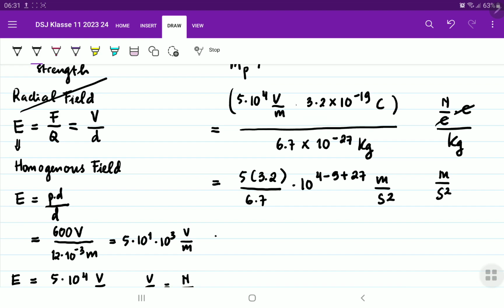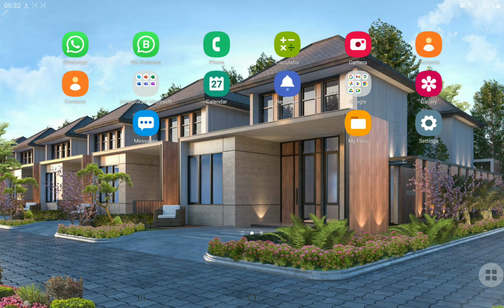So your acceleration now, 5 times 3.2, let me calculate with the calculator.